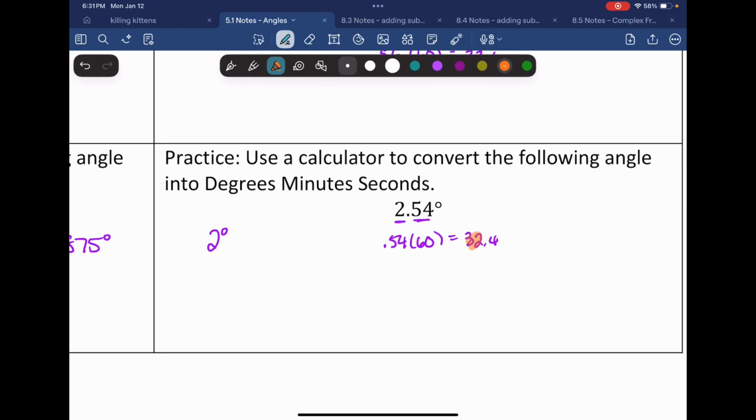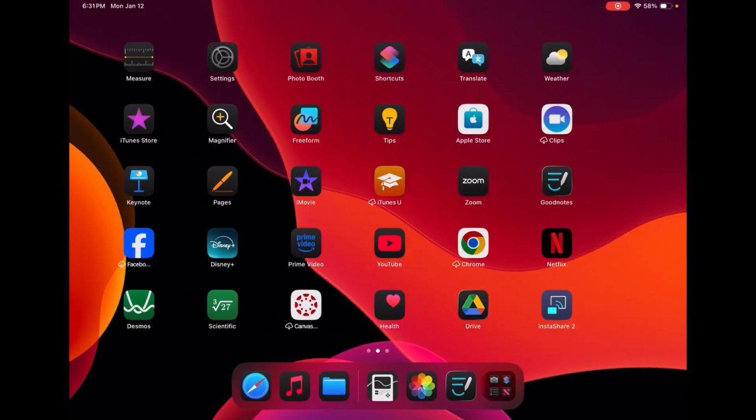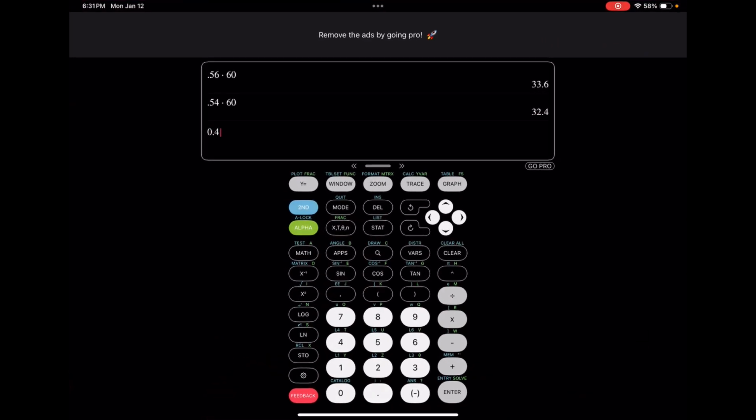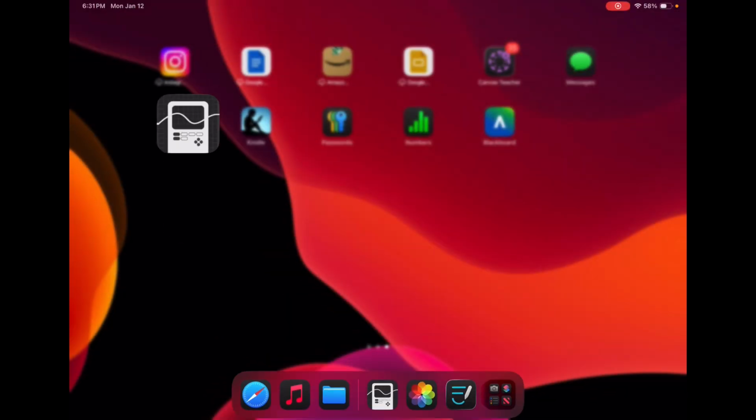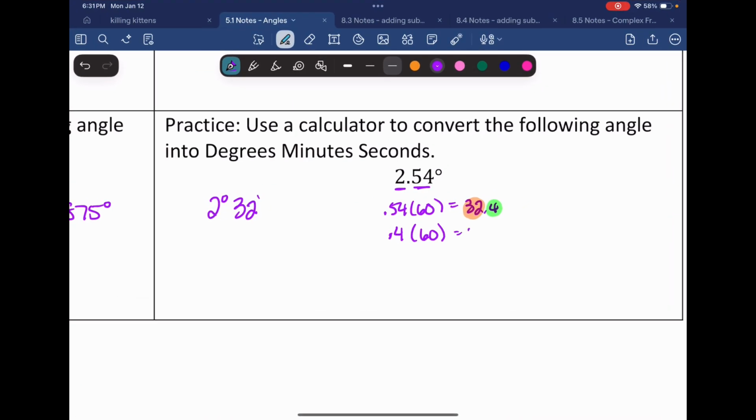The whole number is your minutes. Then you take the 0.4, multiply by 60 again. So 24. And that's your seconds.